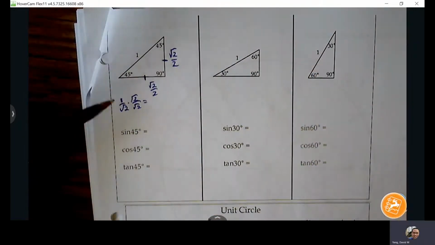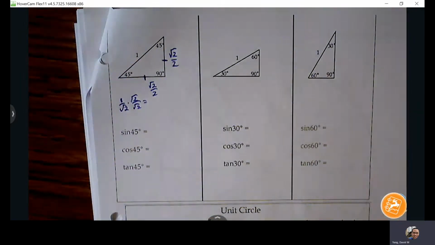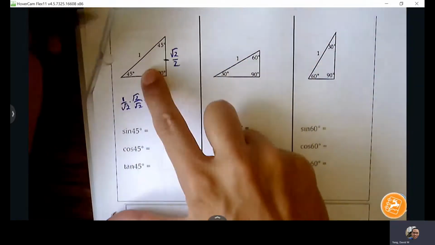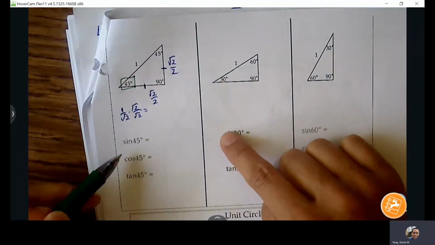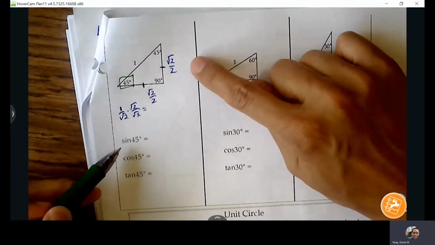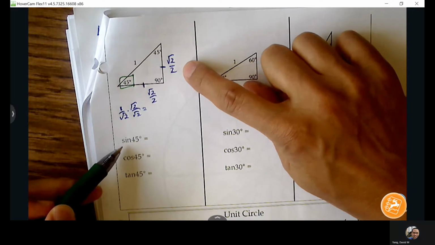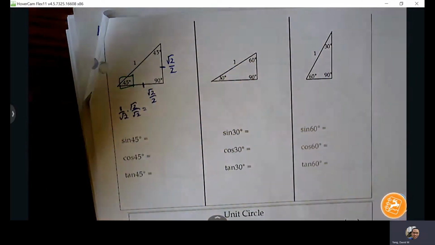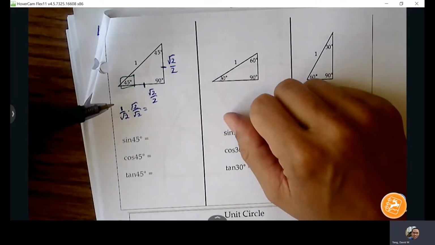Now, let's talk about sine, cosine, and tangent of these respective angles. So sine of 45, it doesn't matter which angle you choose. I'll choose the bottom one here. Sine is opposite over hypotenuse. So what's sine of 45 going to be? What's opposite?